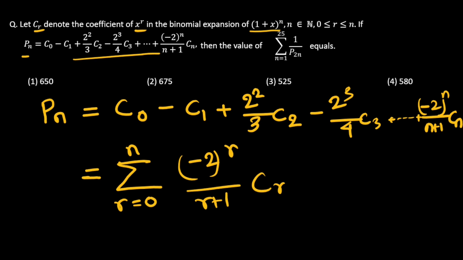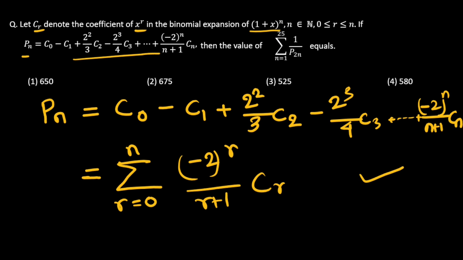If we put n is equal to 0, then this expression is C0. If we put n is equal to 1, then this expression is C0 minus C1. So if we put here r is equal to 0, then this expression is C0. R is equal to 1, this summation gives C0 minus C1. So it is verified that this Pn is written correctly.